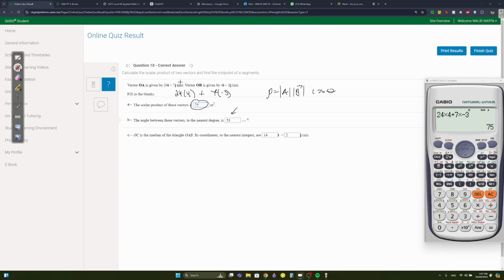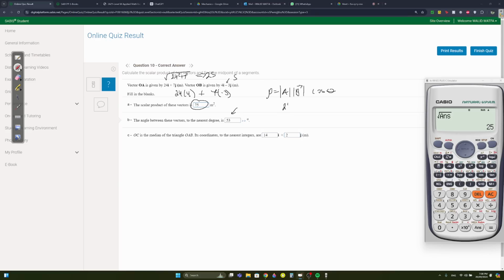The magnitude of the first vector would be radical 24 squared plus 7 squared, which is 25. Yeah, you get 25, and then the magnitude of this one is 5 if you do it. I won't do it, you should do it: 3 squared plus 4 squared, radical, that is 5.